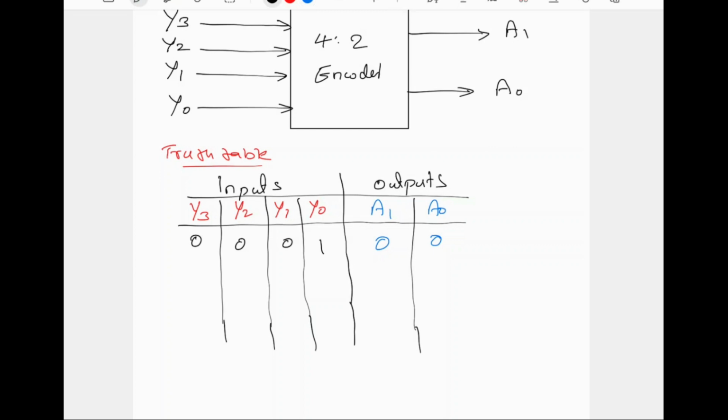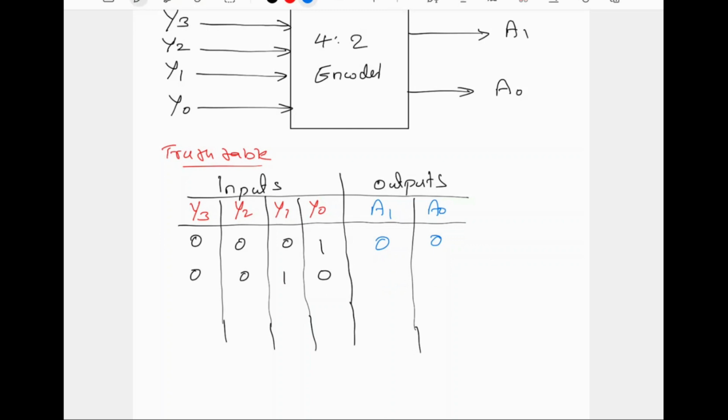Now in the second case, suppose y1 is high. We will make each input line high. At a time, only one input line should be high in an encoder. And all other inputs are 0. In this case, we will choose another binary output. Let it be 0, 1. We will go in that order. There is no need that it should be 0, 1.